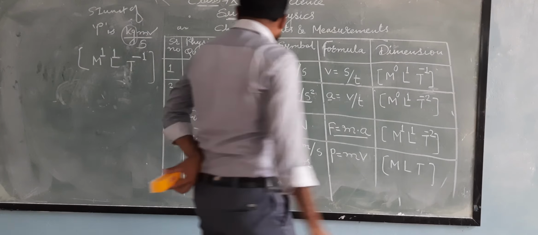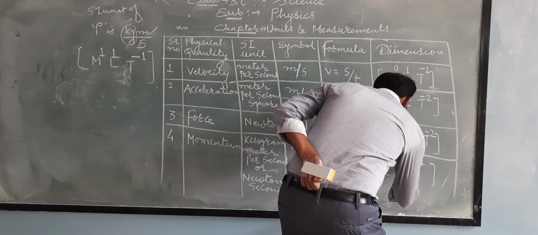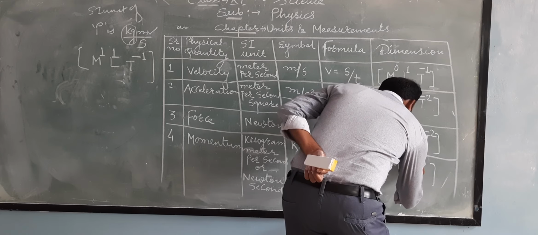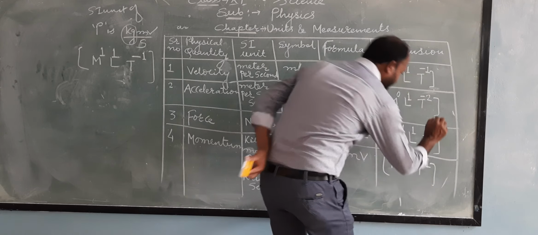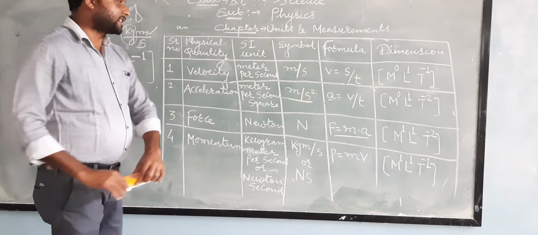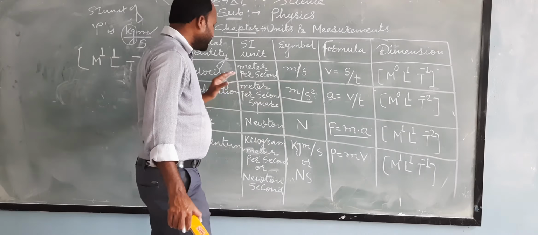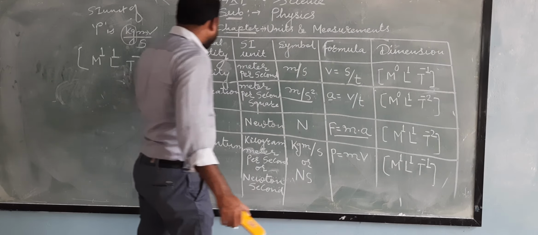So the dimension of momentum is M to the power 1, L to the power 1, T to the power minus 1. So guys, these are the dimensions of various fundamental physical quantities.